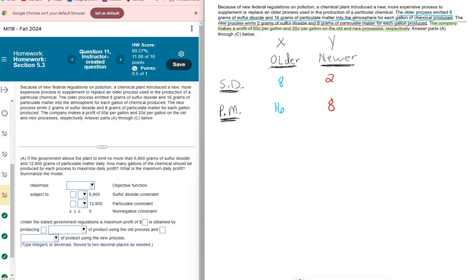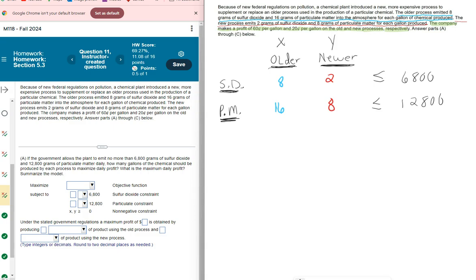Yeah, that's right, sulfur dioxide. Less than or equal to 6,800 grams and 12,800 grams. The government allows the plant to emit no more than 6,800 of sulfur dioxide, and so it's got to be no more than on this one also.